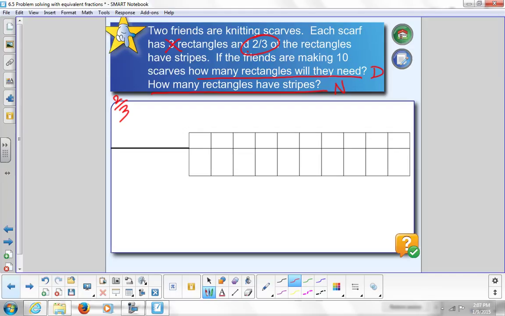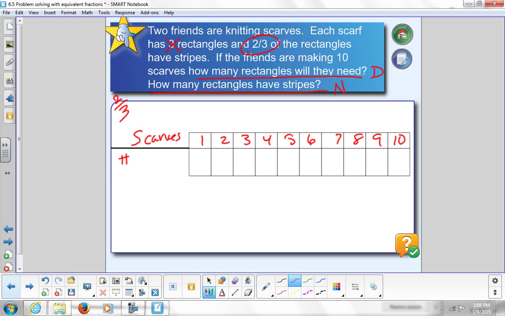Let's see here. So on this top row, we're going to have the number of scarves. So 1, 2, 3, 4, 5, 6, all the way up until 10, because that's how many scarves we made. And then we're going to have the number of rectangles over the number of striped.